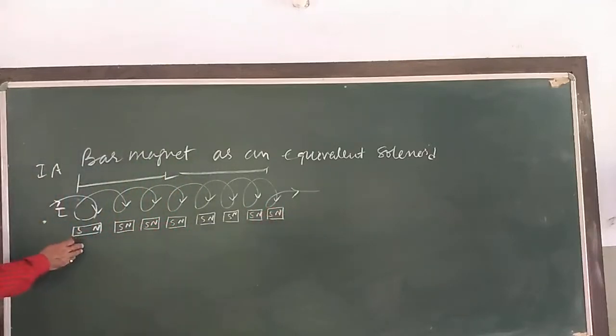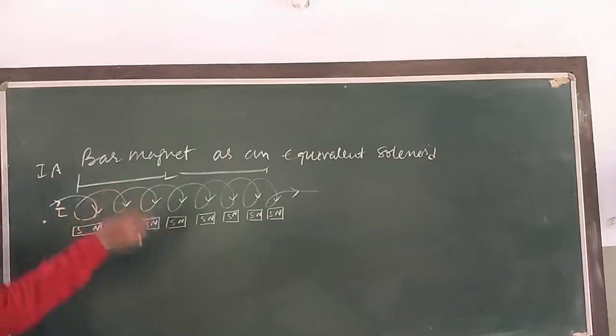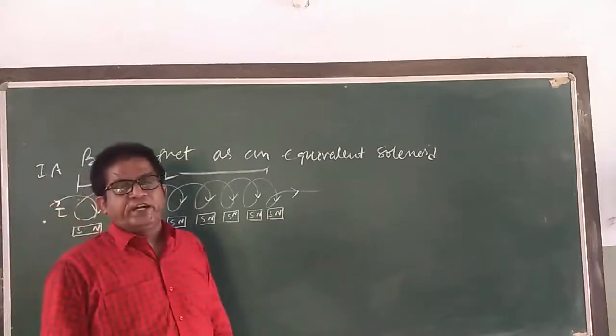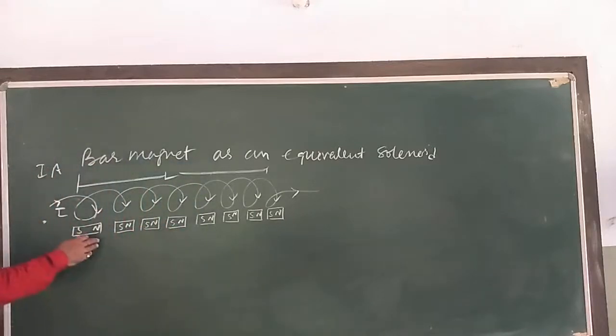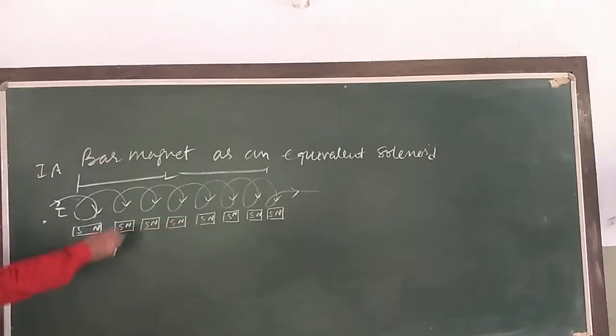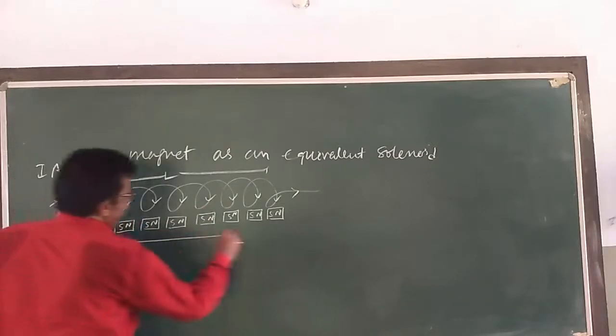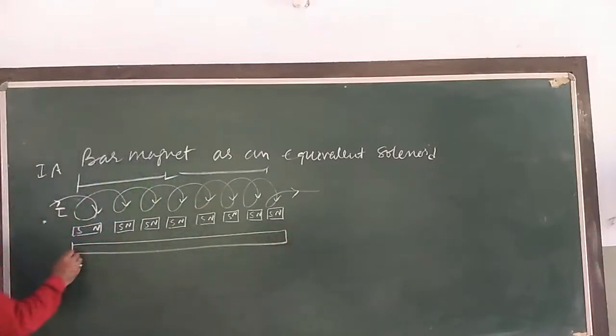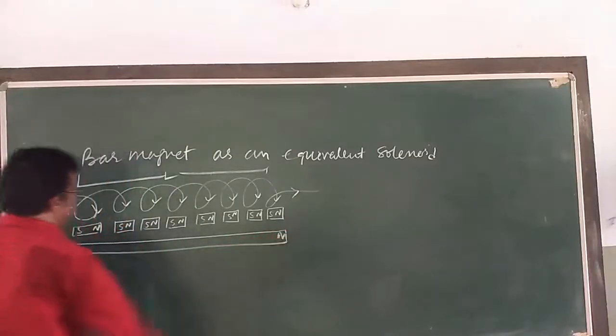So my dear children, the number of dipoles is equal to the number of turns in a solenoid. The south and north pole of each turn cancel each other out, except at the end. At the end, this end will behave as a south pole and this end will behave as a north pole.